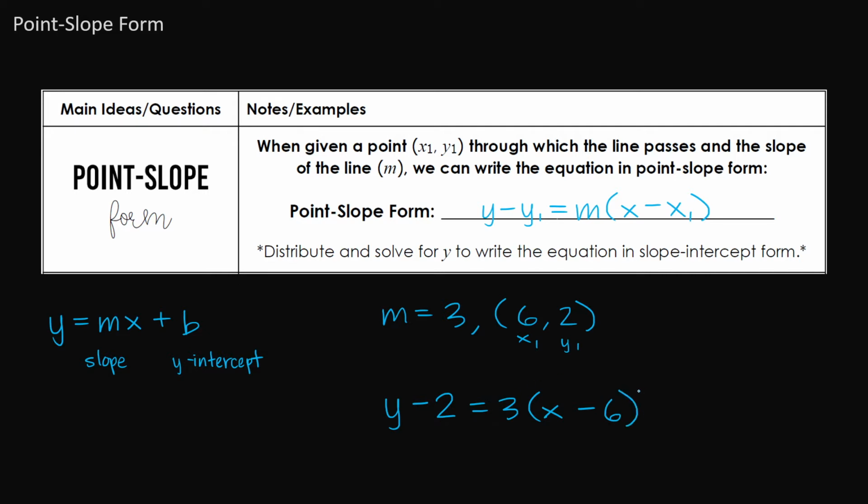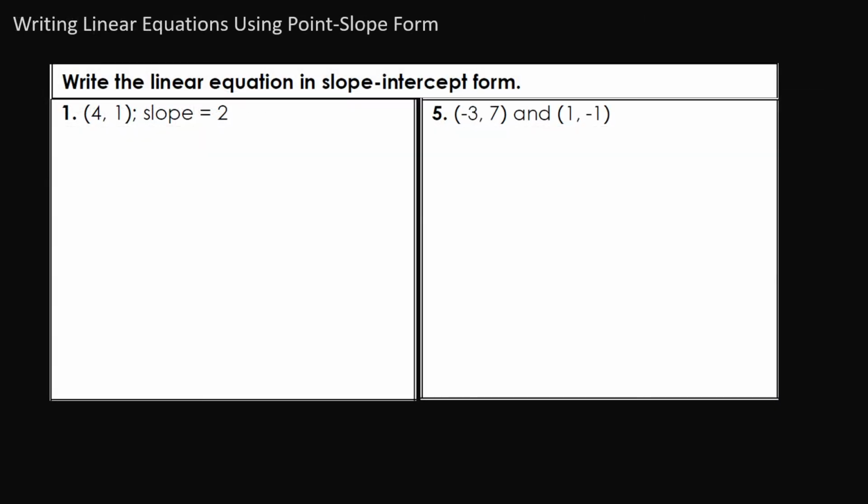And we would distribute and solve for y to put that in slope-intercept form. Let's try some examples. Using these values, we're going to write linear equations in slope-intercept form. But we need to stop at point-slope form along the way.